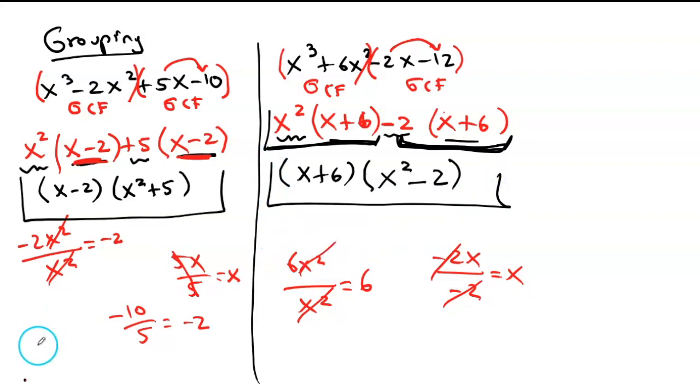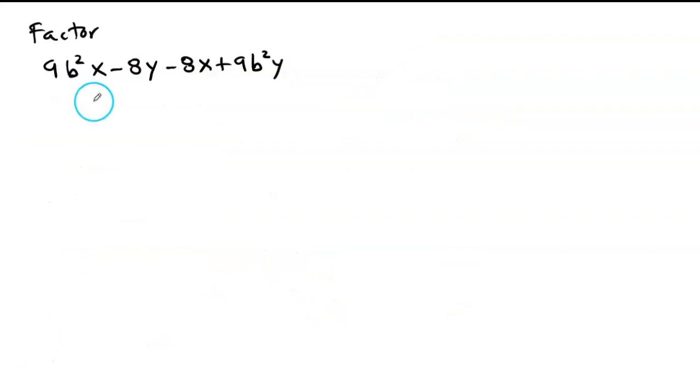Right? Let's work on another one a little bit more complicated. Now we have this little monster. Okay, so again, how many terms do I have? Look at the signs, right? I got 1, 2, 3, 4. Grouping. Here we go. Now, normally I take the first 2 and the last 2.